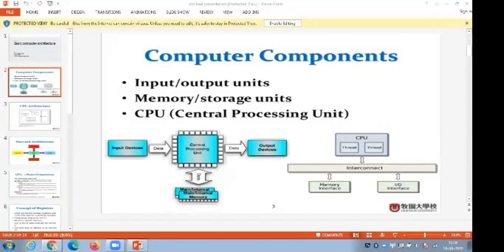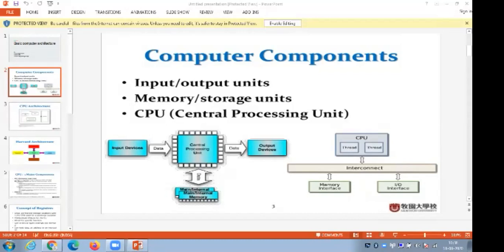Now let us come to the second diagram which I am showing in the slide. The second diagram shows a CPU, and it shows a memory interface as well as an input/output interface. Input I/O is nothing but the input/output interface. From the CPU it is internally connected to the memory interface and the input and output device.